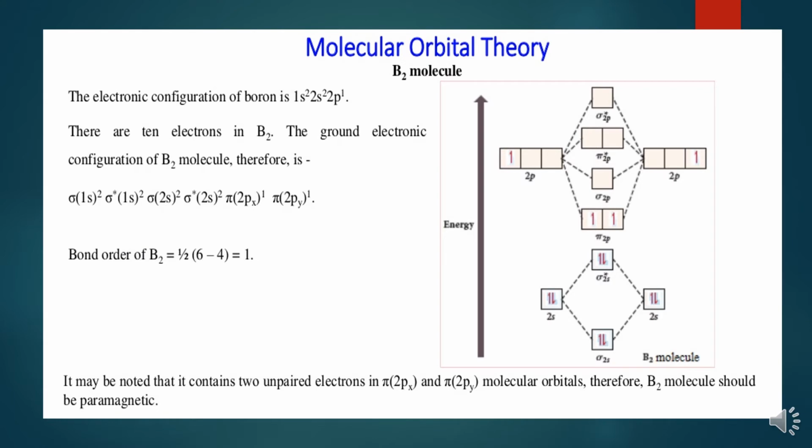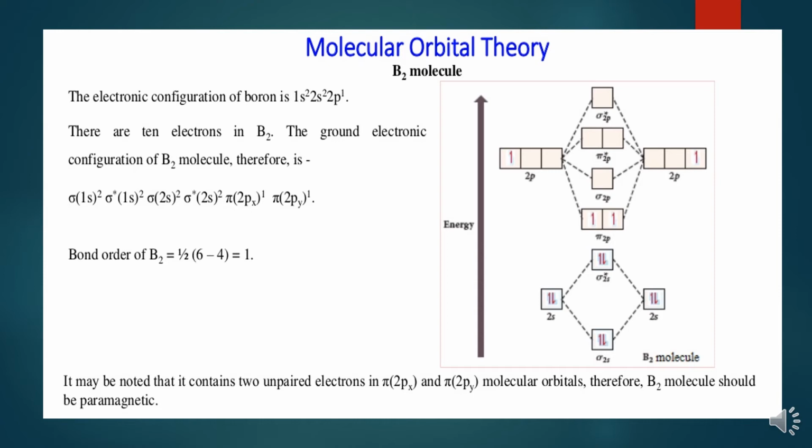Next is B2 molecule. Boron B2 molecule is a 10 electron system, and after filling 8 electrons up to sigma star 2s, the 9th and 10th electrons of the boron molecule will enter pi 2px and pi 2py orbitals, as these are lower in energy than sigma 2p due to interaction between 2s and 2p subshells in small sized atoms like boron, carbon and nitrogen.